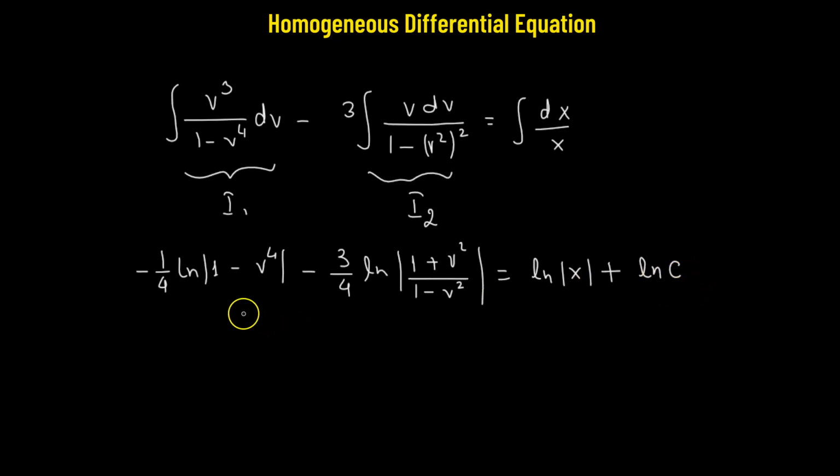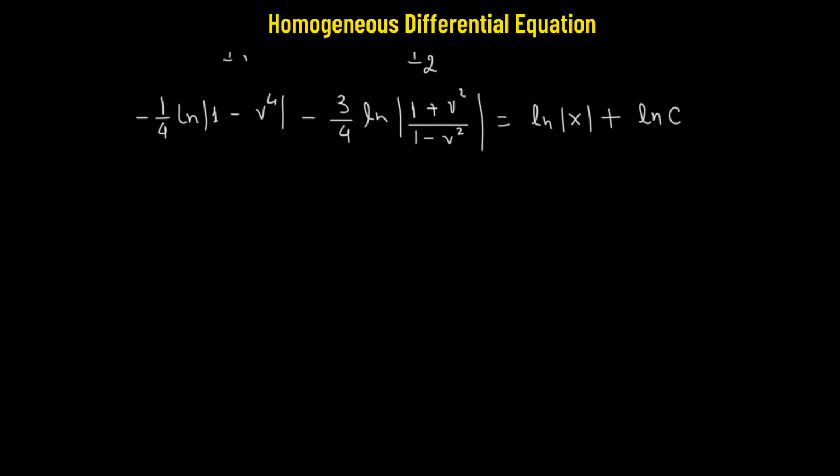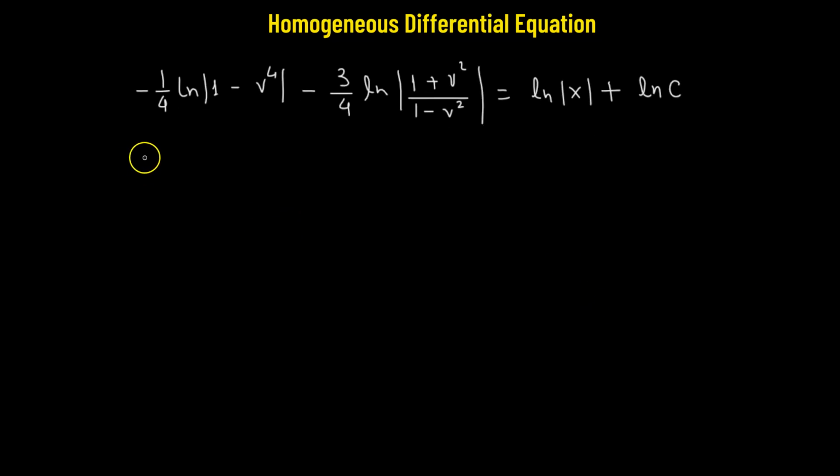Fine. Now the next thing to do is to combine the terms and get rid of the logarithm. This is the solution, but we want a much simpler version, so we'll do it step by step. Let's multiply both sides with negative 4. So this will give us natural log of 1 minus v. We can also replace v with y over x.